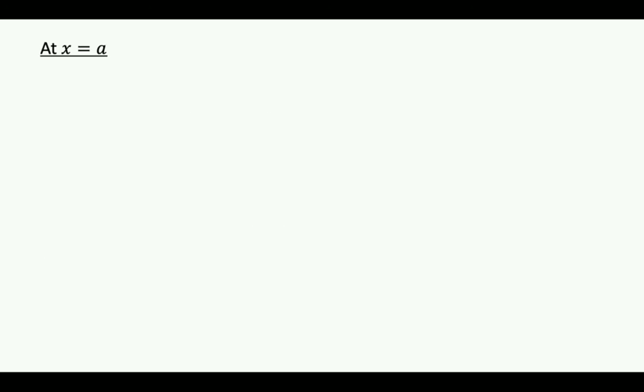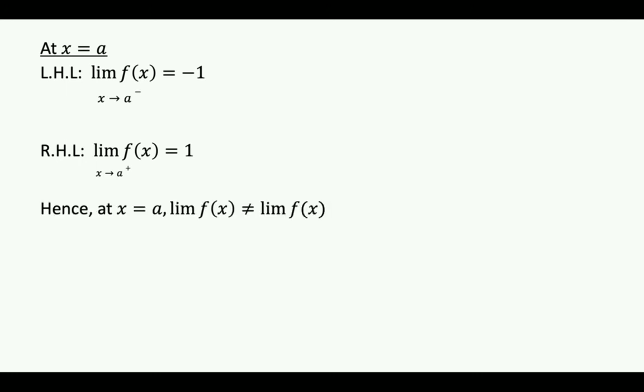Now taking limit, left hand limit, limit x tends to a negative f(x) equal to minus 1. Right hand limit, limit x tends to a positive f(x) equal to 1. Here left hand limit not equal to right hand limit.